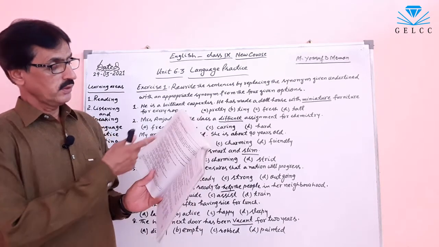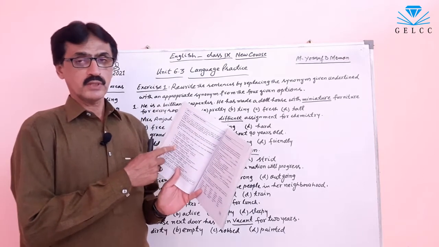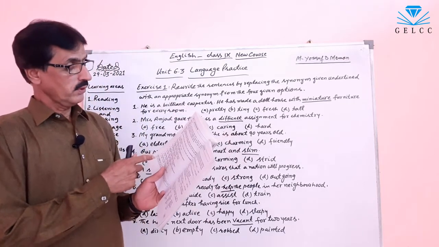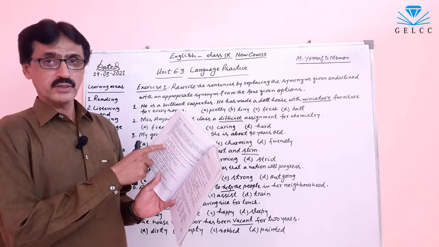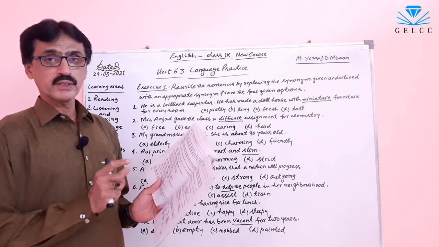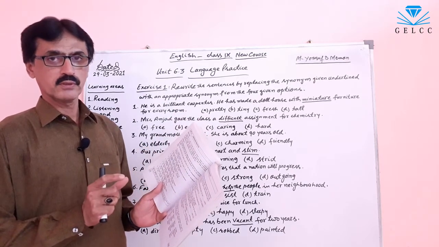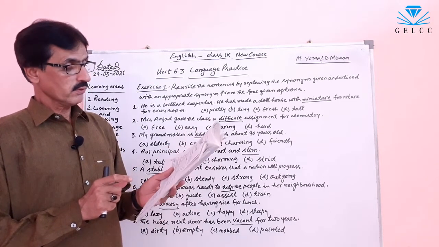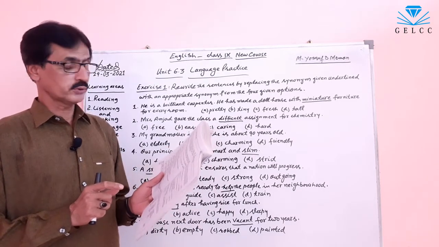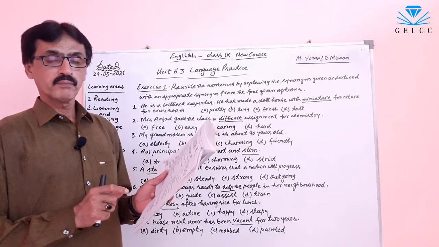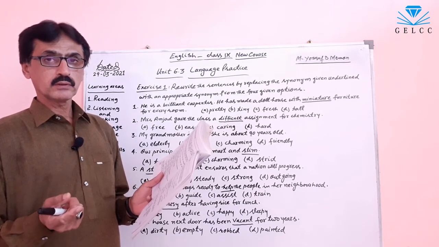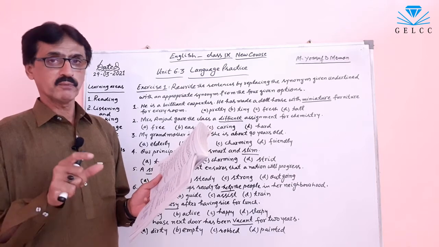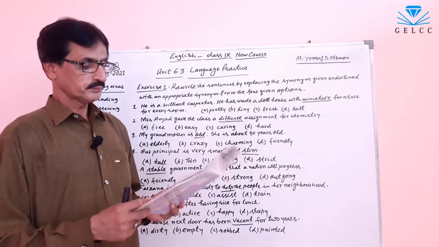It means in this exercise in your book, in each sentence, a word is given in bold letters. Then there are 4 options. You have to find out the synonym for the word in bold letters from the 4 given options.